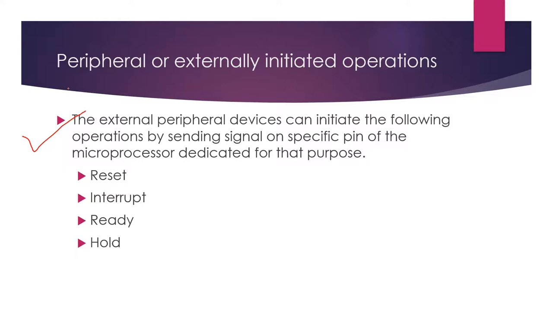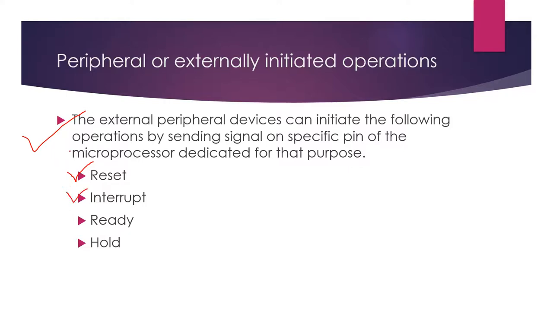The external peripheral devices can initiate the following operations by sending a signal on a specific pin of the microprocessor dedicated for that purpose. If you have seen my previous lecture on the 8085 pin diagram, then you must know about these pins. The reset pin is used to reset the microprocessor.